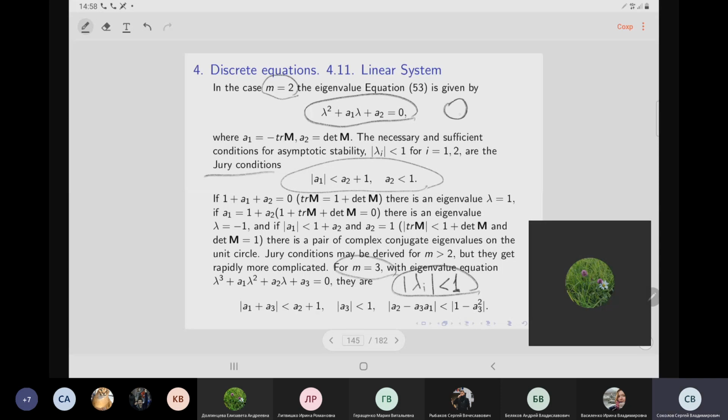So if we consider a complex plane, we can find a function that maps the condition that the absolute value of lambda is less than 1 into the condition that the real part of lambda is less than 0.